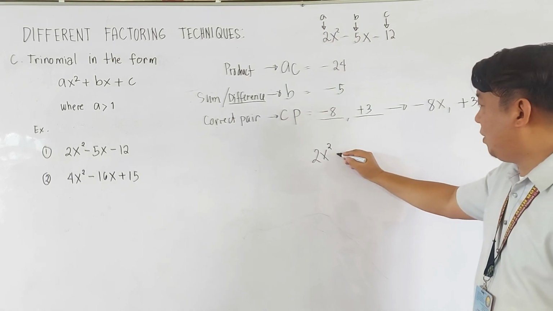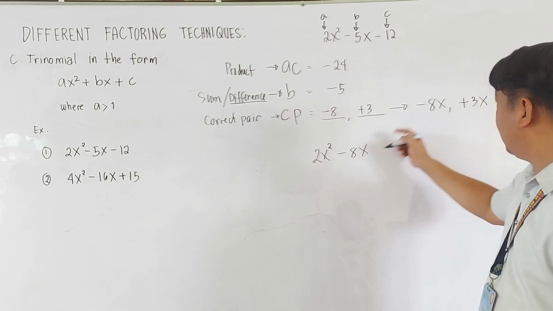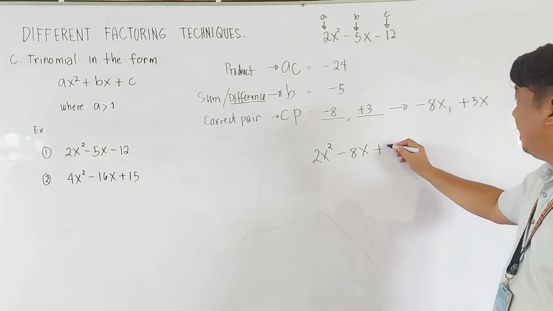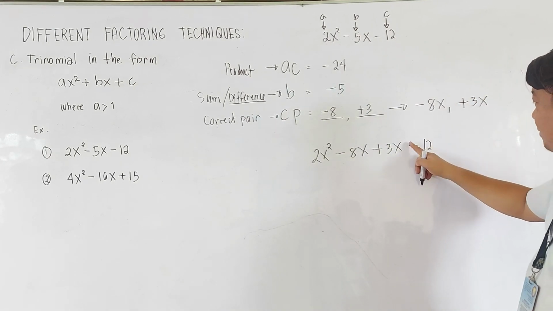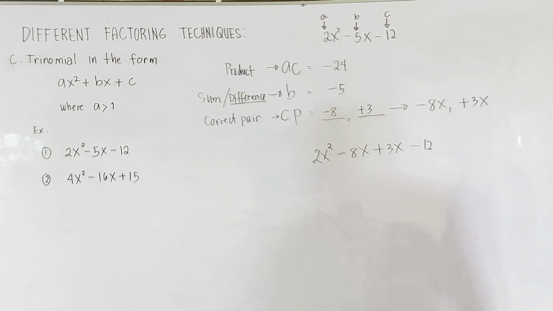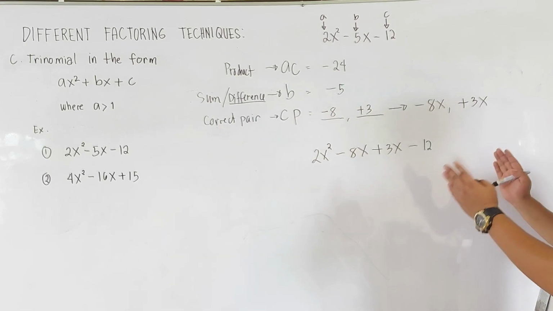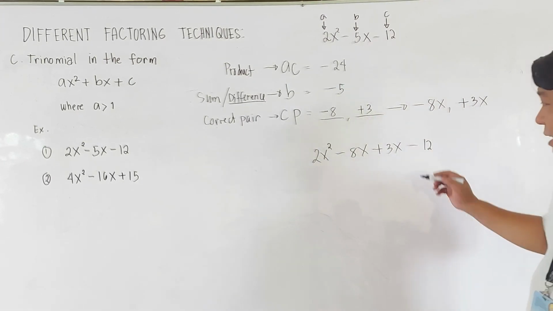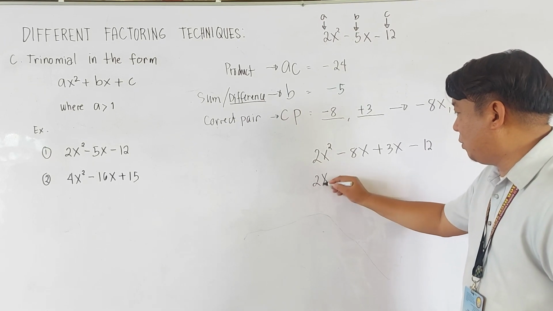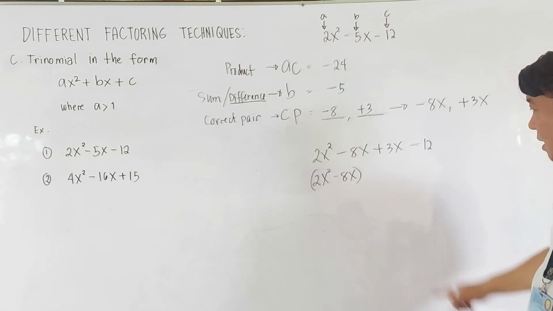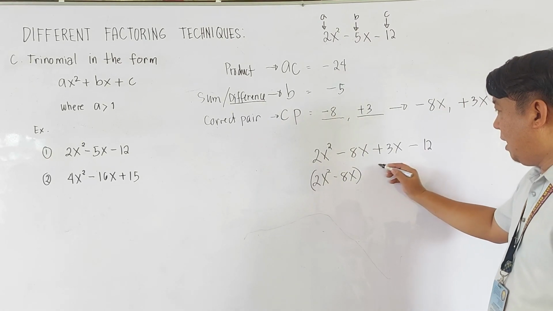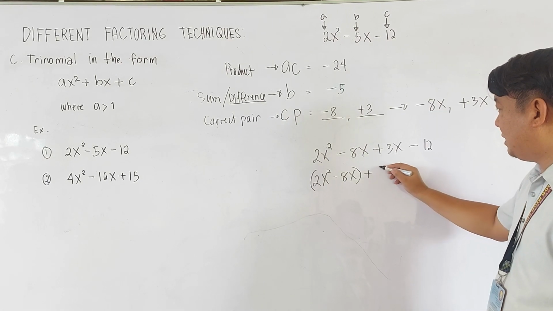Tapos, isunod natin to minus 8x plus 3x and minus 12. Ayan. Okay? And then, magkakaroon tayo ng regrouping. I-regroup natin sila. So, i-group natin itong 2x squared minus 8x. Tapos sila din, plus 3x minus 12.